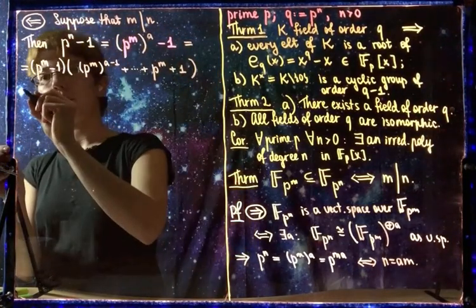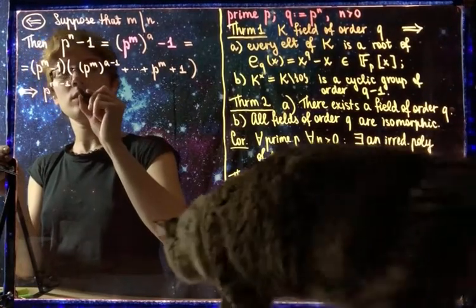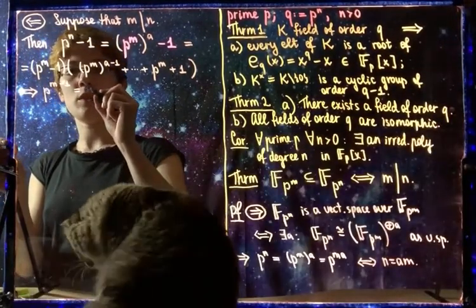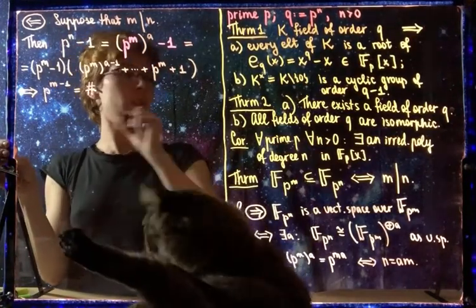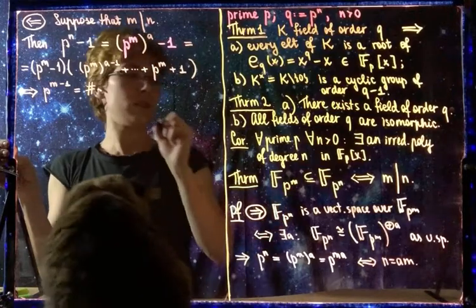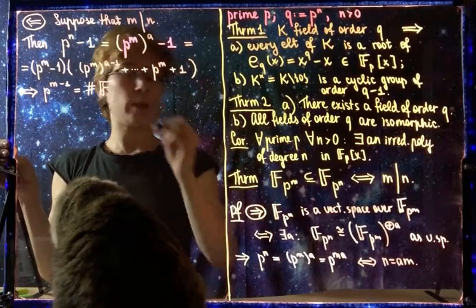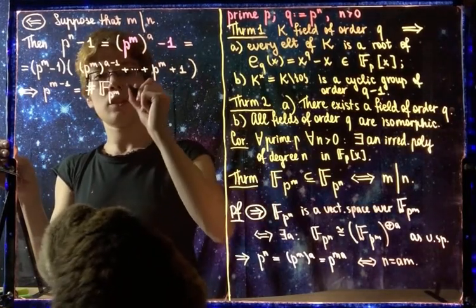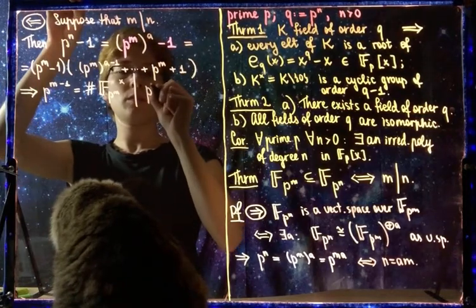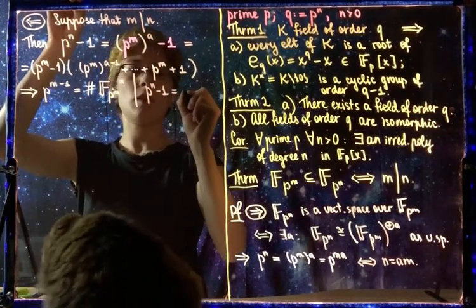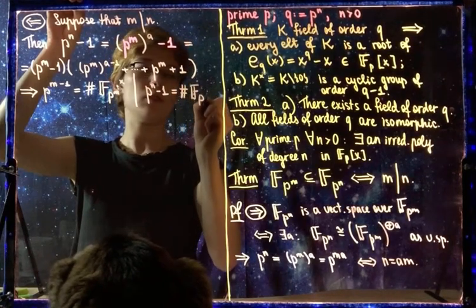So in particular, I get that p to the power m minus 1, which is the number of invertible elements in the field F sub p to the m, divides p to the n minus 1, which is the number of invertible elements in the other field.